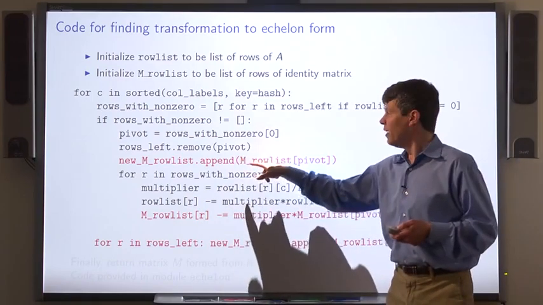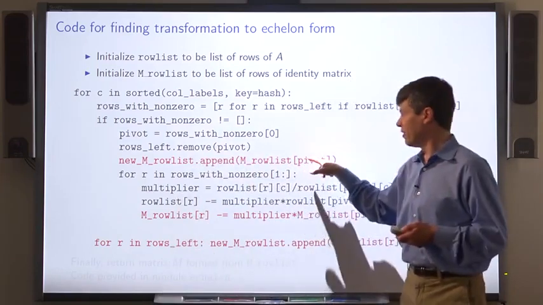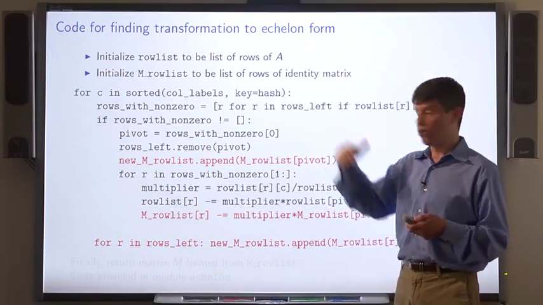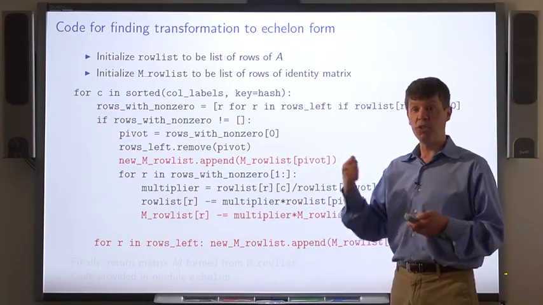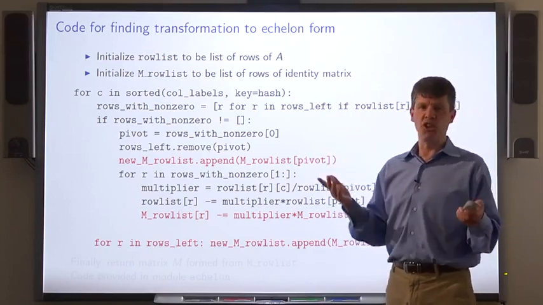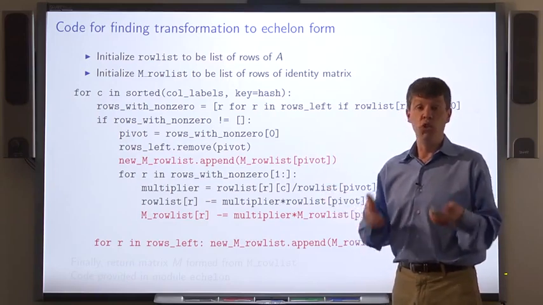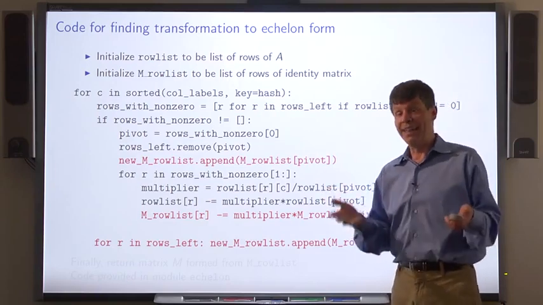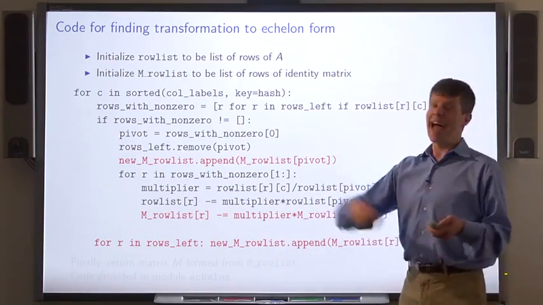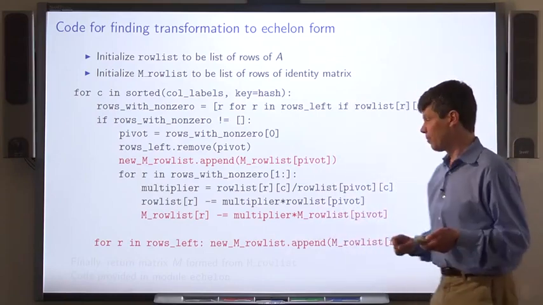Now we've been appending the pivot rows to new M row list. So that takes care of all the rows of M in order that correspond to pivot rows. But at the end, there are some other rows that never get chosen as pivot rows. They're the ones that correspond to 0 rows in the echelon form that we create. So we have this loop at the end to just add those remaining rows to new M row list.